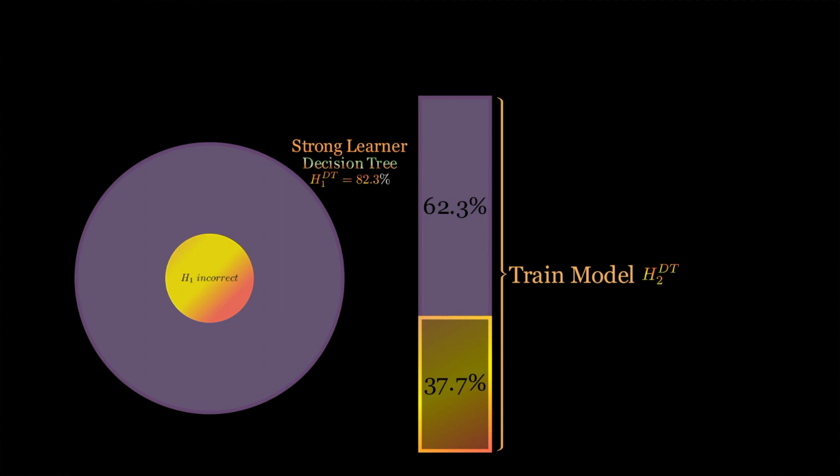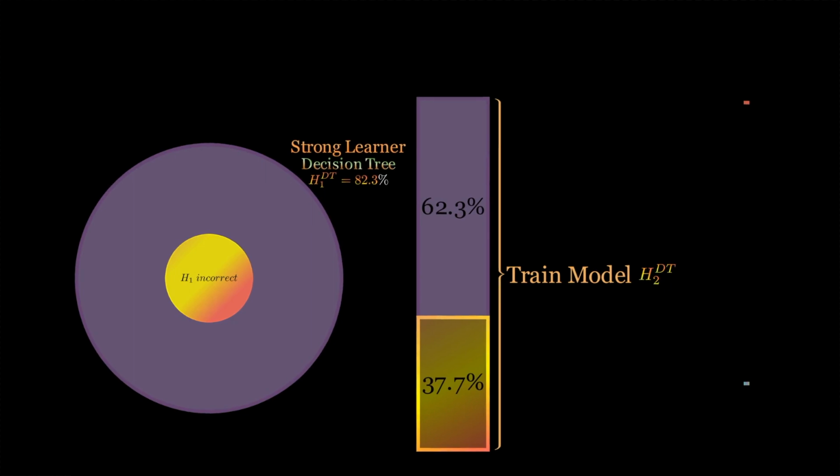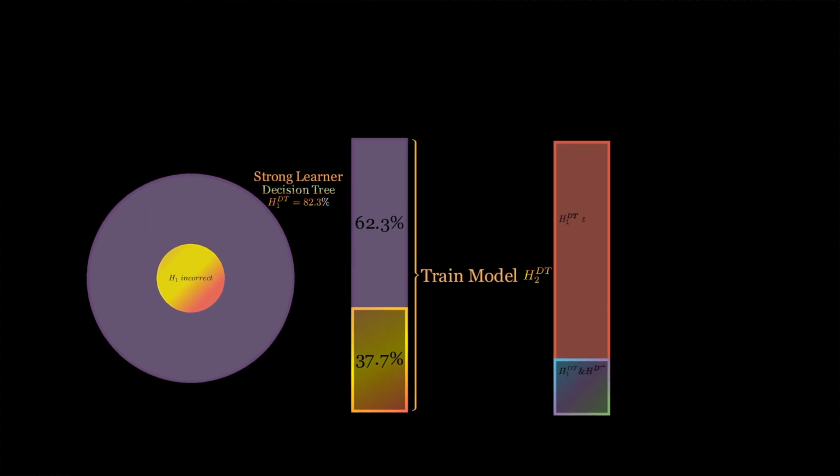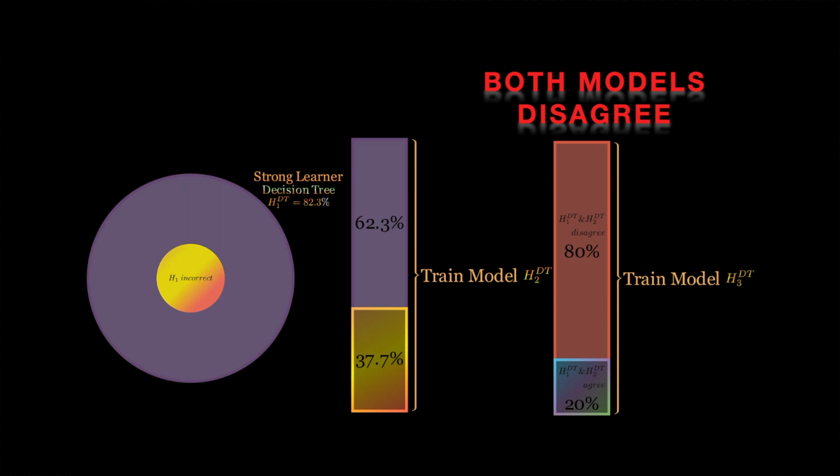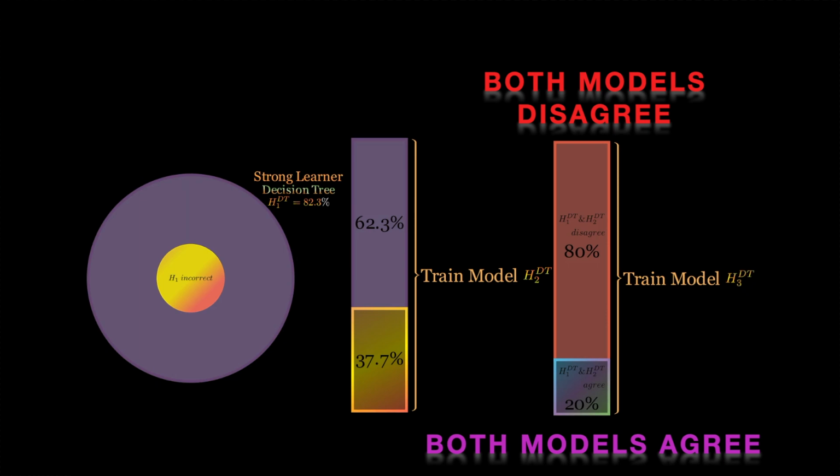We can then build a third learner from this dataset by shuffling again. Once again, we won't shuffle completely randomly. For our next learner, we will include a higher proportion of training data that's classified differently by H1 and H2. For a binary classification, one learner will be correct and one will be incorrect.